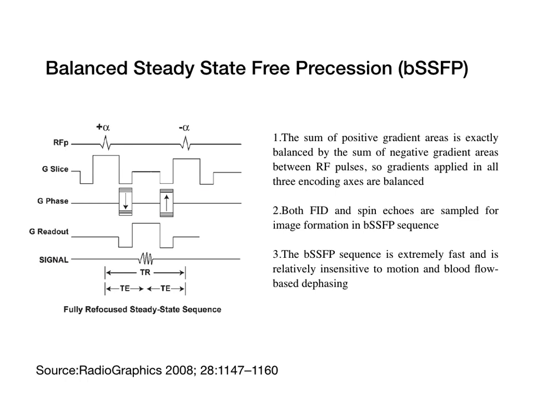Both FID and spin echoes are sampled for image formation in the bSSFP sequence. In this figure, the FID and the spin echoes overlap. In addition, the bSSFP sequence is extremely fast and is relatively insensitive to motion and blood flow-based dephasing.